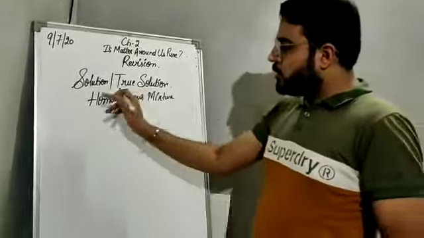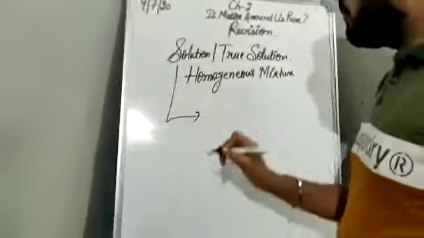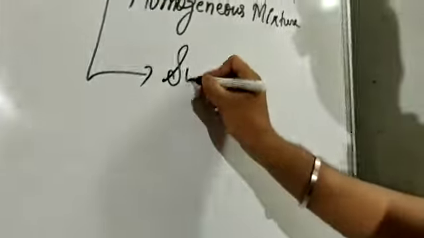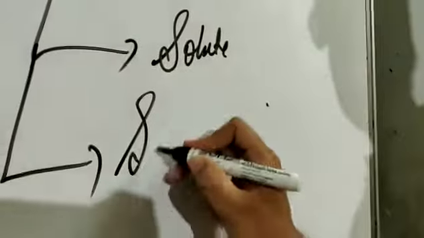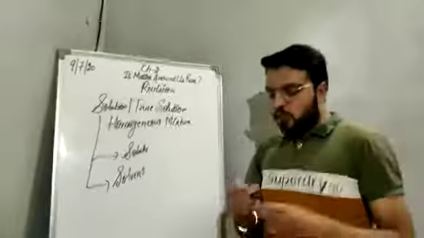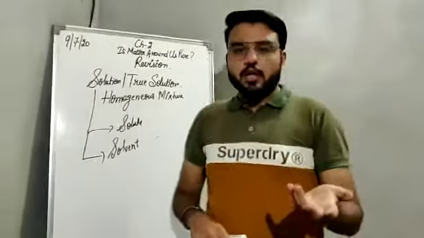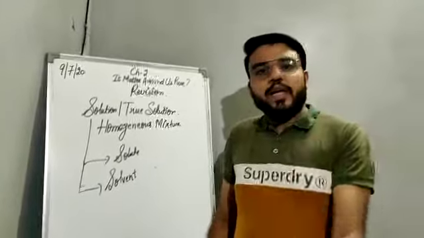Now the solution has two components. The first component of the solution is the solute, and the second component is solvent. Now what is solute and what is solvent? Solute is the component which is being dissolved.